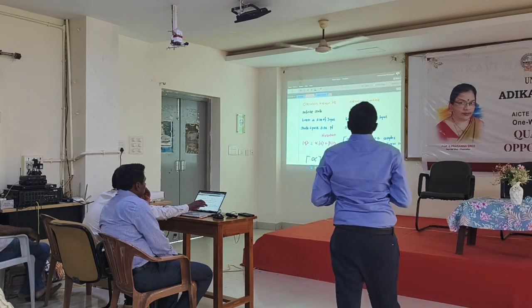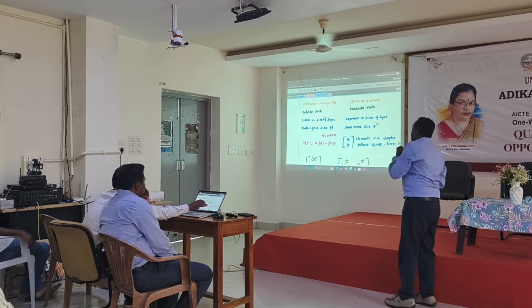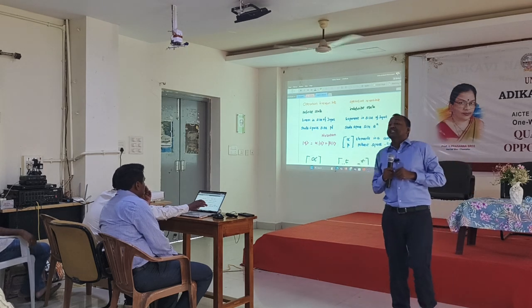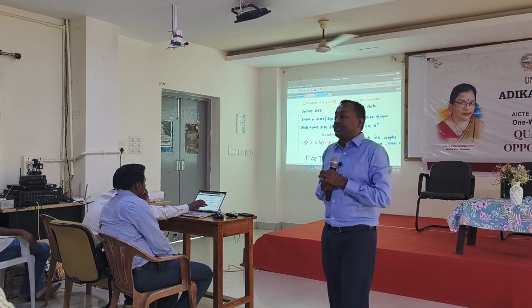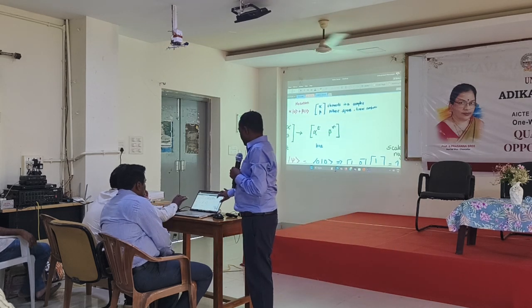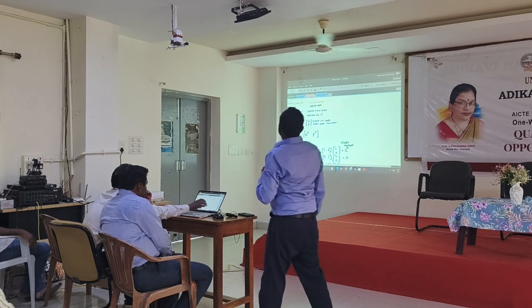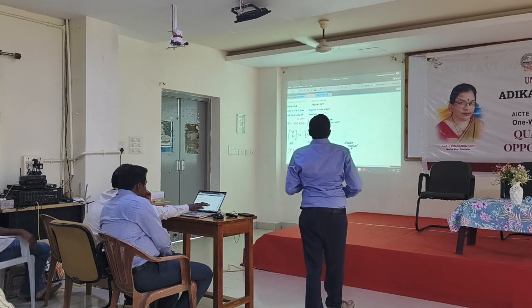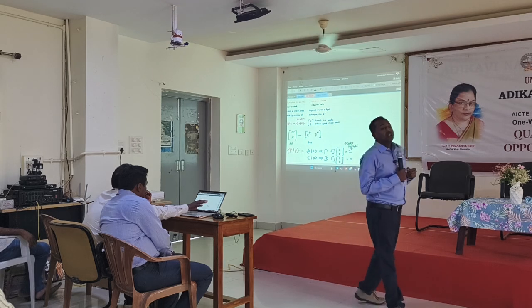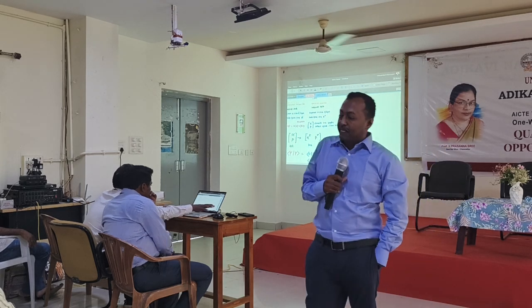And the notation is psi equals alpha state 0 plus beta state 1. Alpha and beta are what? Elements in a complex Hilbert space. So at the end, what is it? It is a scalar number. We are getting output as a scalar number.